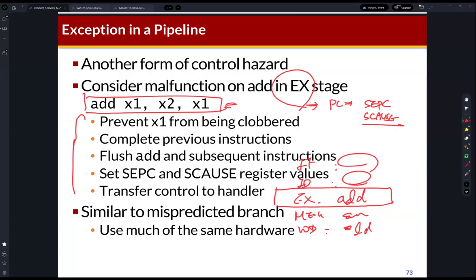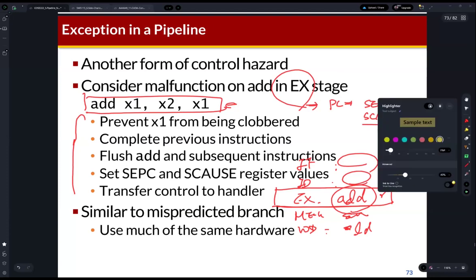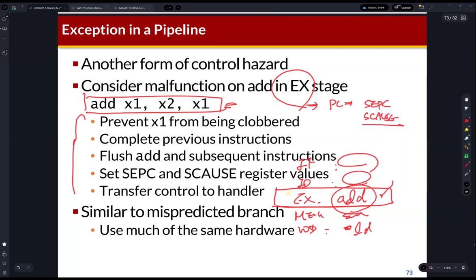Because there are some problems in this add instruction, the add instruction needs to be cancelled.